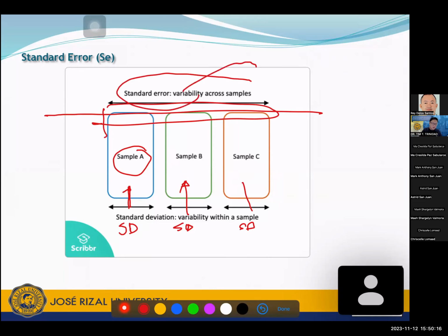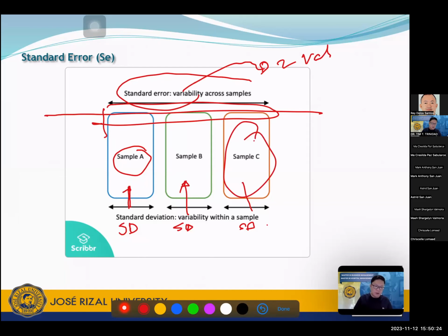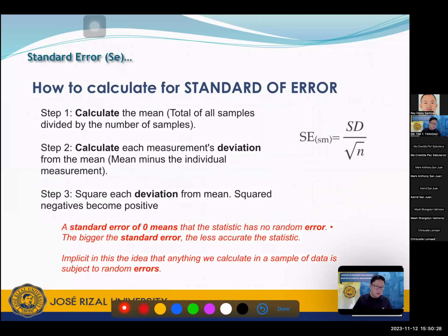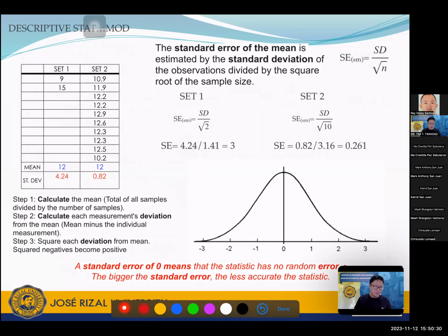Standard error is for more than 2 variables, while your standard deviation is only for a single variable. So your standard error will also look like your standard deviation. Instead of saying standard deviation, we can call this standard error, 1, 2, 3.